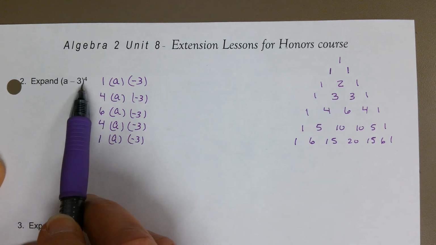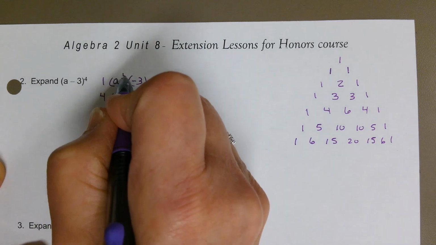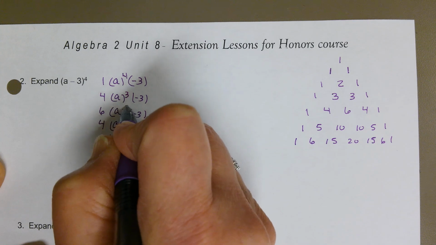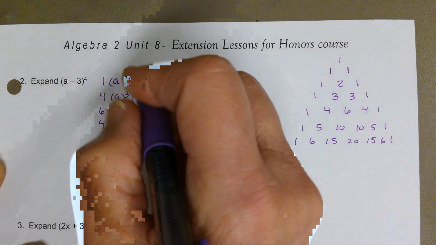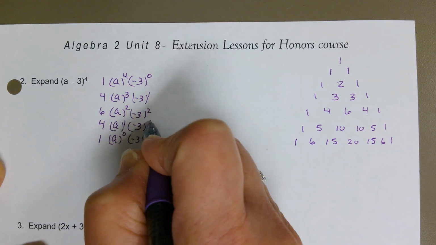For the first term, our power starts with 4 and decreases. For the second term, the negative 3, it starts at 0 and increases.